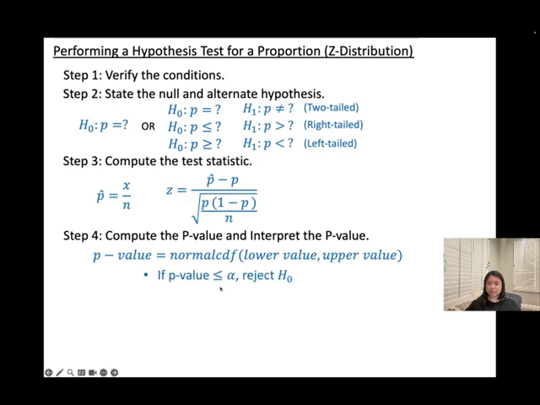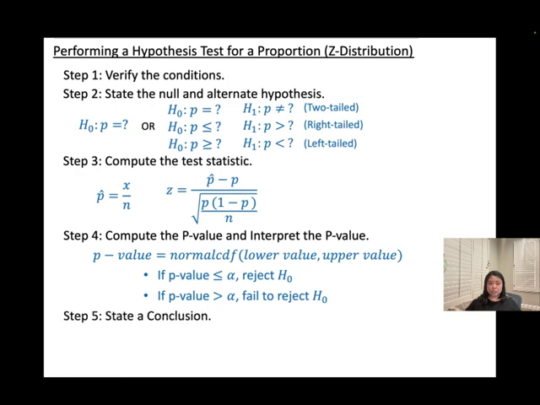When it's less than or equal to the significance level, you reject the null hypothesis, and we believe the alternate hypothesis is true. But if your P value is greater than your significance level, then you fail to reject. Fail to reject means we do not have sufficient evidence to support your alternate hypothesis.